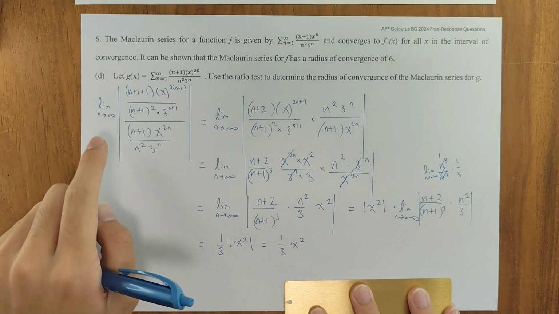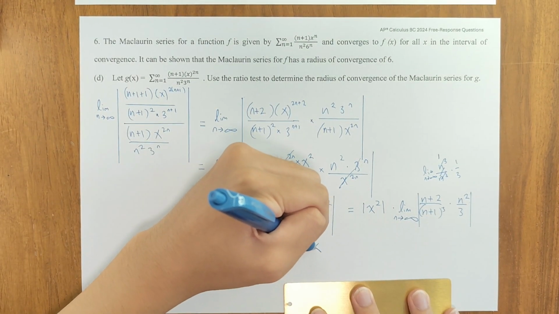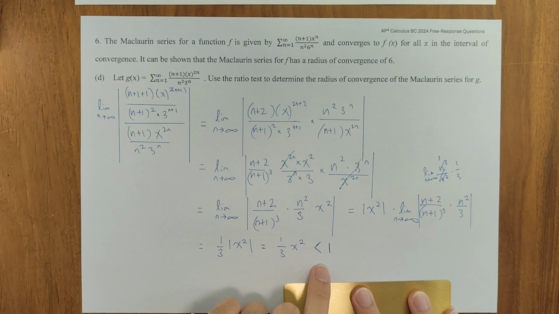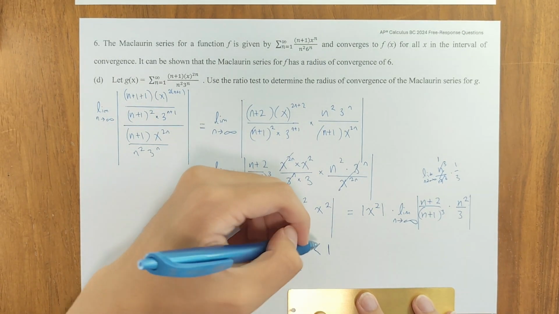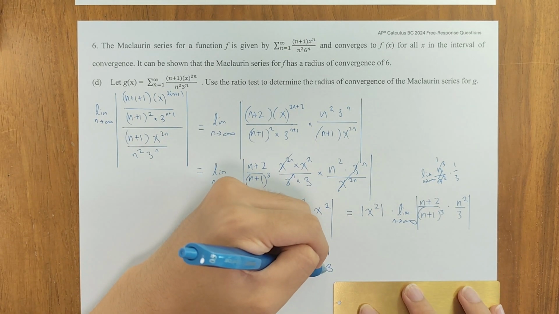Now, the ratio test says that this final value must be smaller than 1. So now we have to find an interval for x. This becomes x squared is smaller than 3.